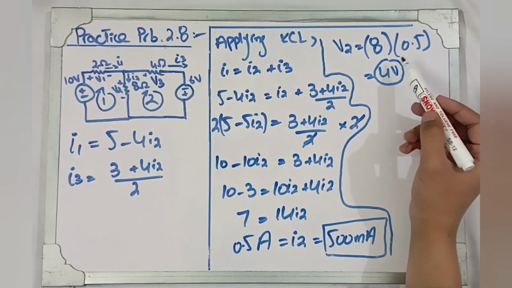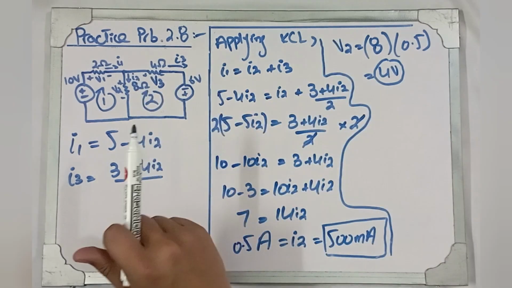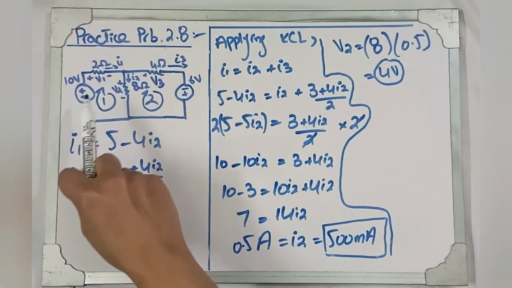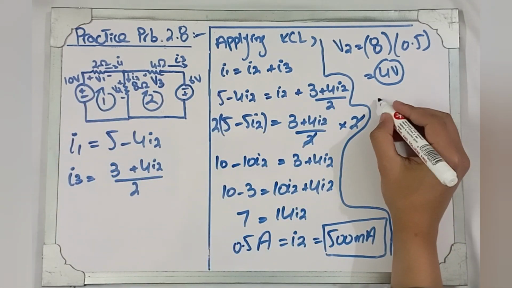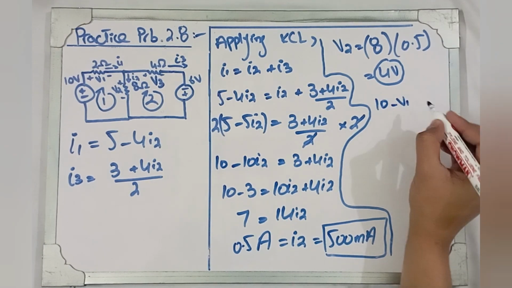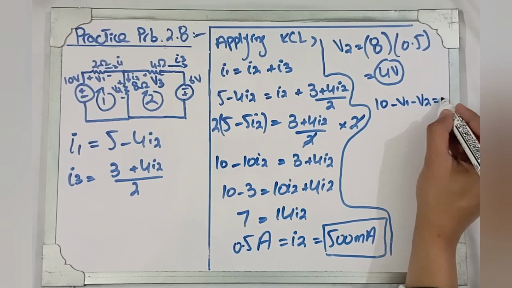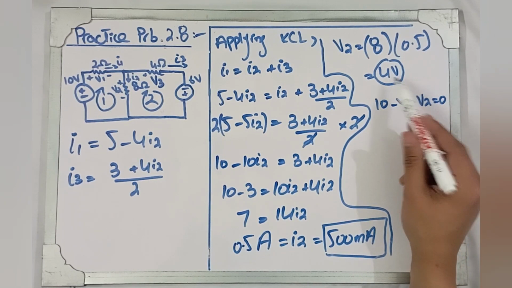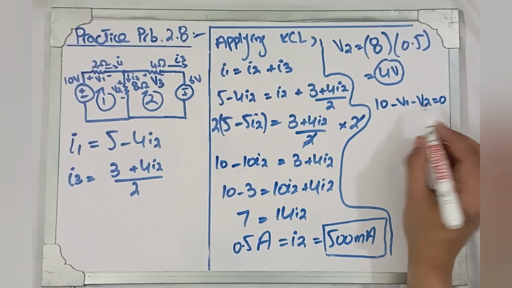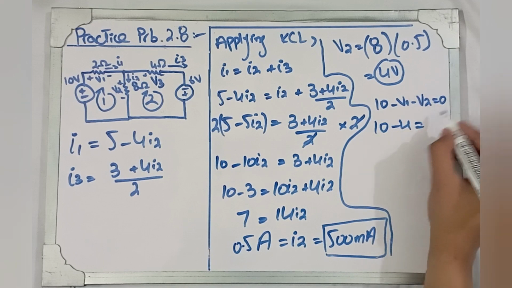Now we will plug this value of V2 in the KVL equation of the first loop. The KVL equation of the first loop was 10 minus V1 minus V2 equal to 0. Now plugging the value of V2, it will become 10 minus 4 equal to V1.